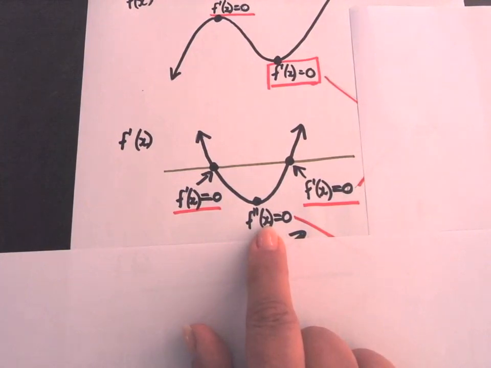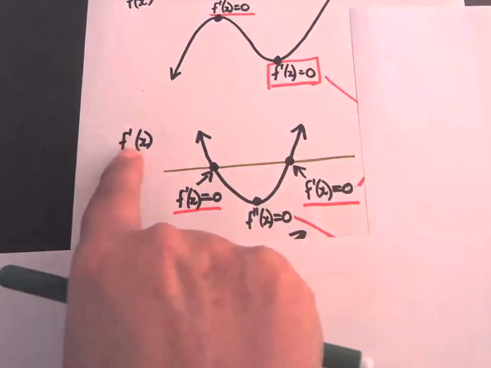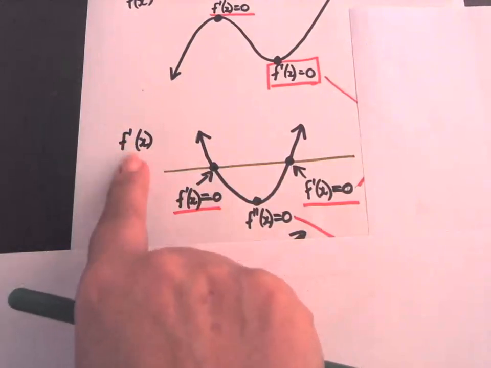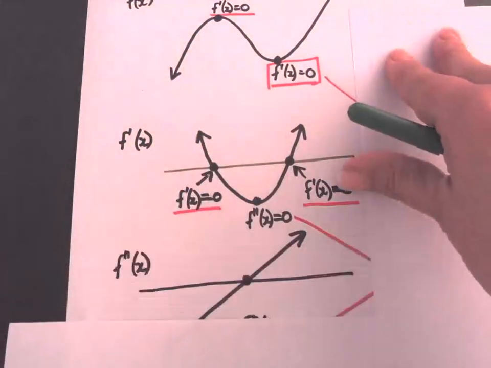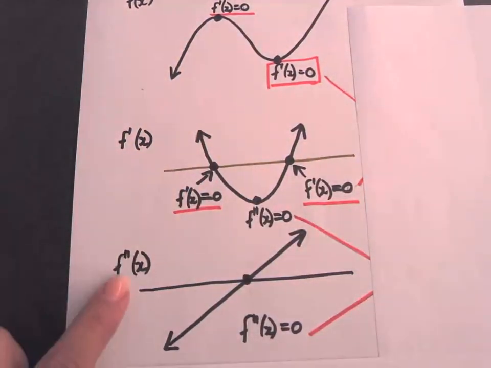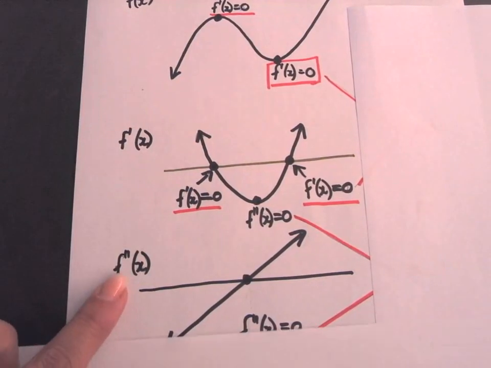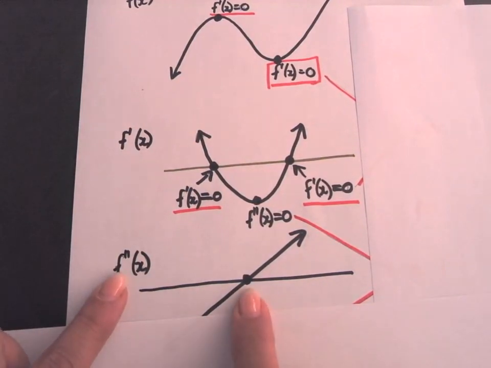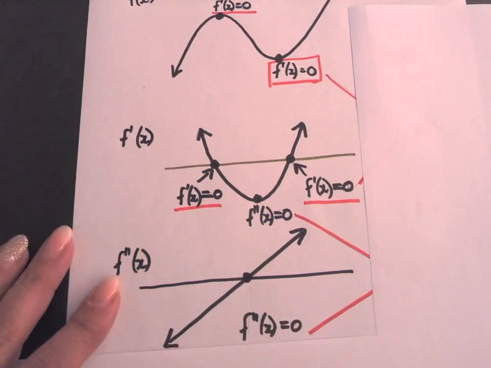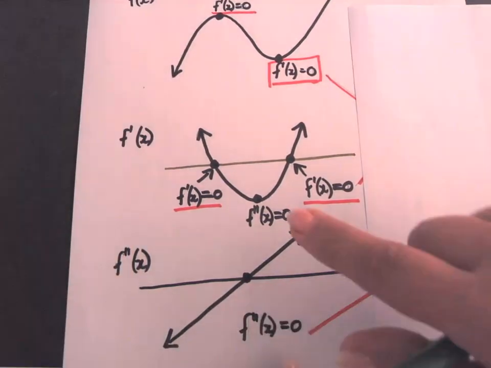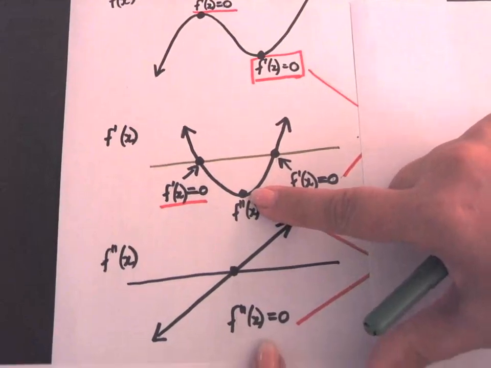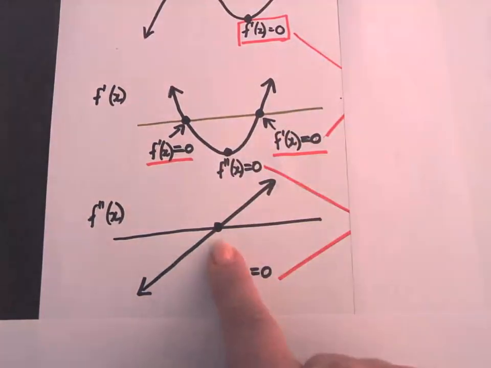Okay, what happened now? If I differentiate this again, I get the straight line. And where is the straight line's x-intercept? It's where this is equal to 0. So, the turning point of the parabola is also the x-intercept of the straight line.